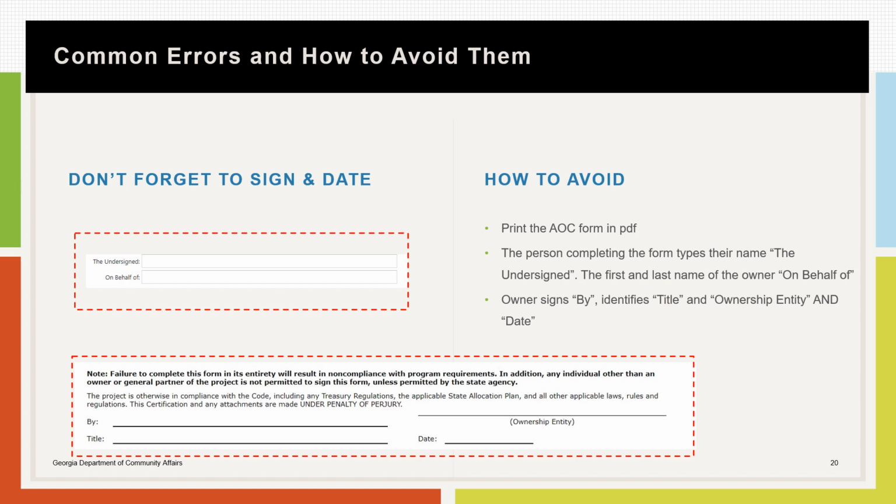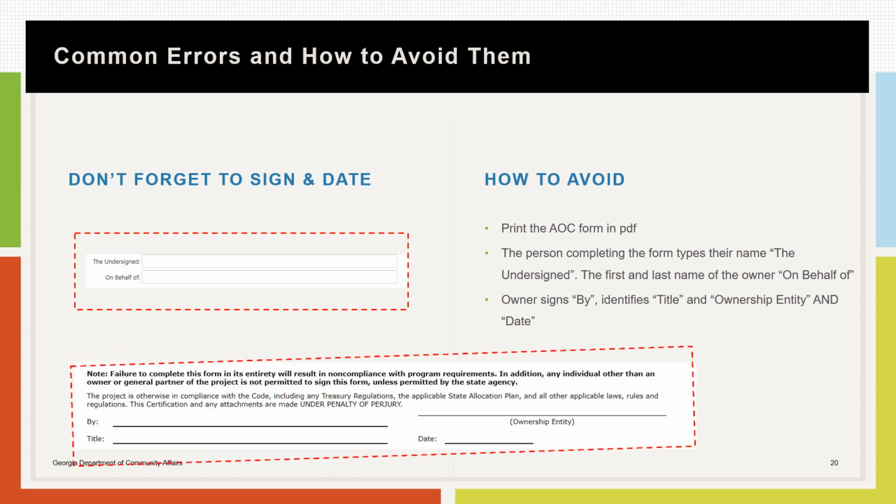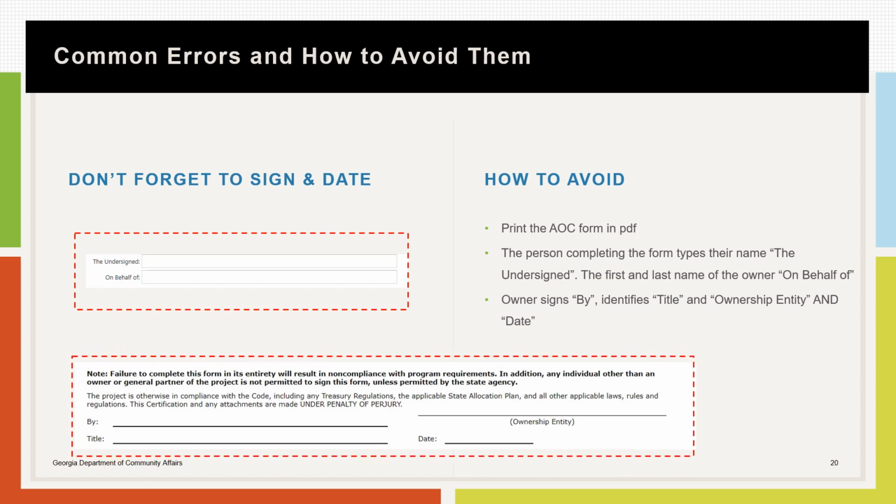The person completing the form types their name and types the owner entity's name in the undersigned and on behalf fields. However, on the printed form, the owner needs to sign in the by field, provide the ownership entity name and their title, and they need to date it.